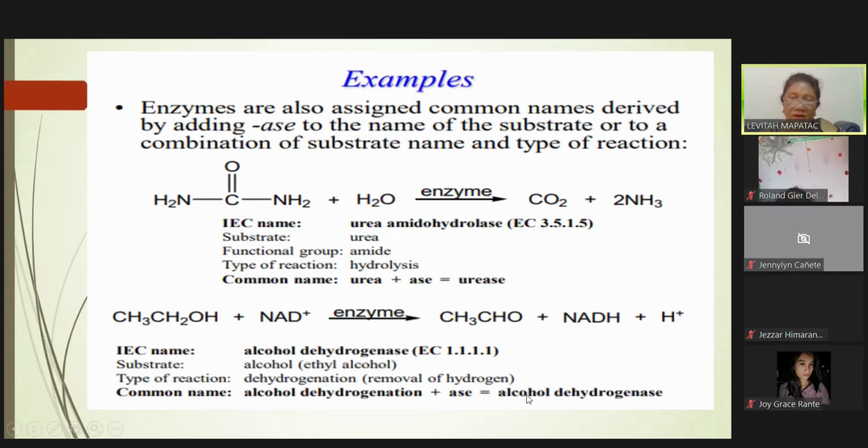This is alcohol dehydrogenase. In the EC international enzyme commission, what's the name here? It is also an alcohol dehydrogenase. It's the same, alcohol dehydrogenase. That is how to name it, okay?